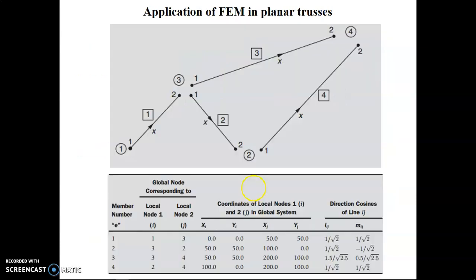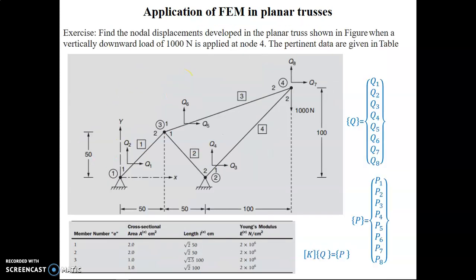As we can see here, the first element is obtained by connecting the first and third node. In the first node we have the displacements Q1 and Q2, and in the third node we have the displacements Q5 and Q6.